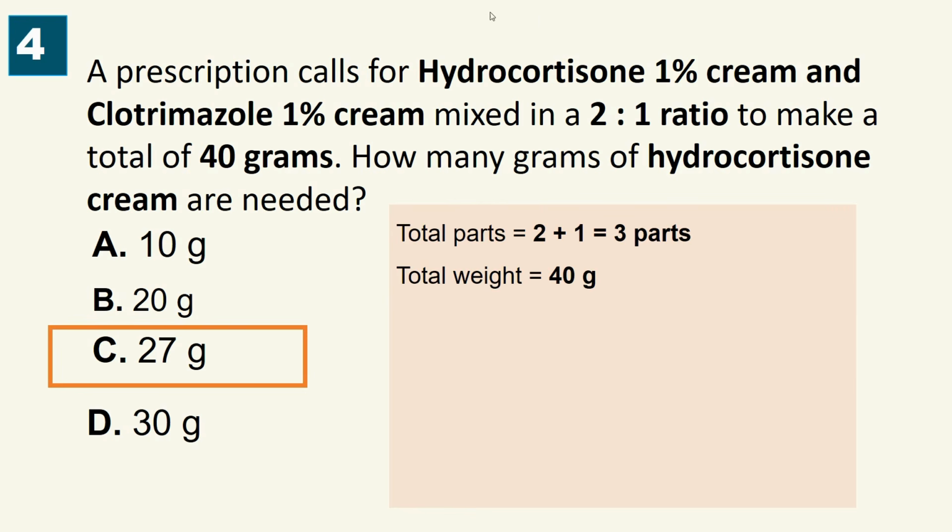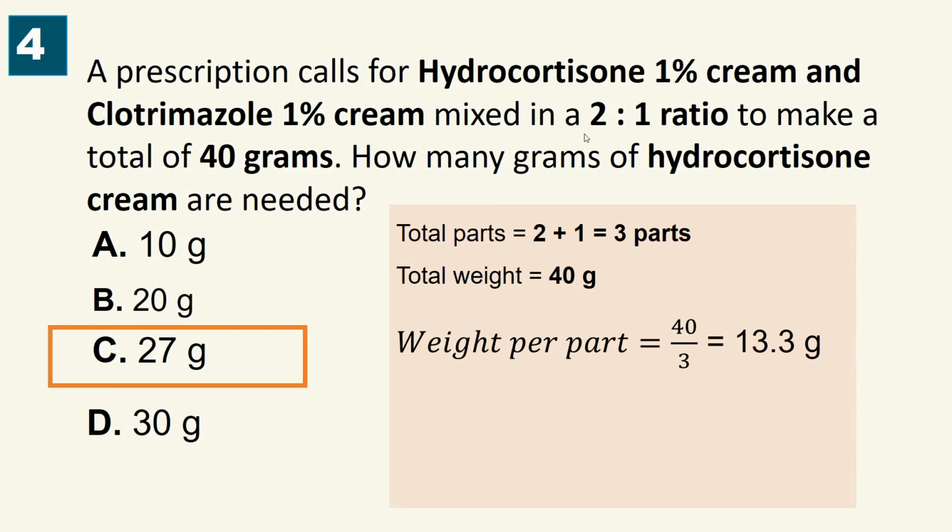First, break down how many parts. The 2 to 1 ratio means 2 parts plus 1 part, a total of 3 parts. And these 3 parts total 40 grams. So what is the weight per part? Total weight divided by 3 parts, so each part is 13.3 grams.